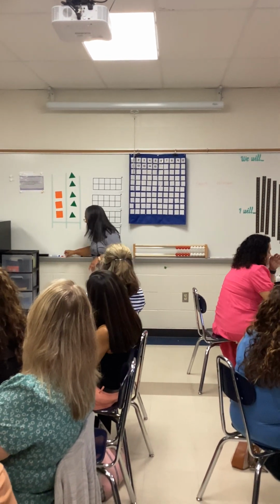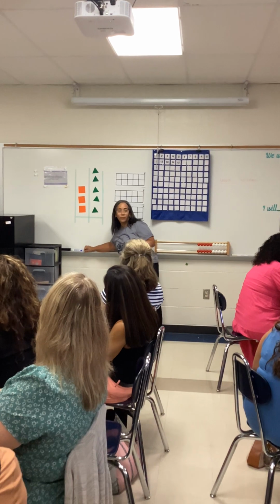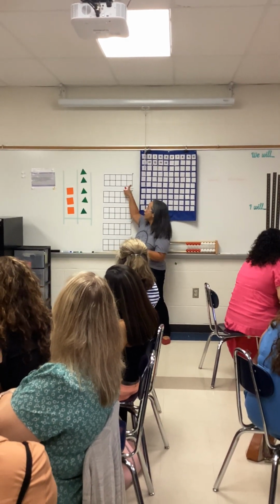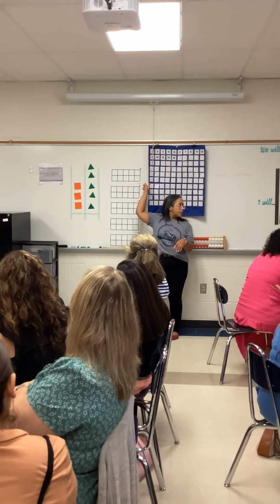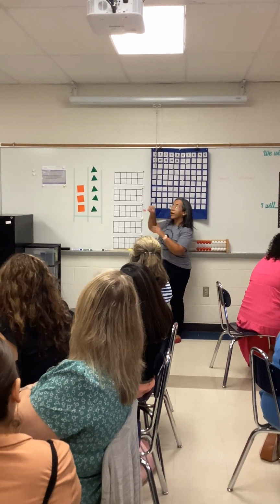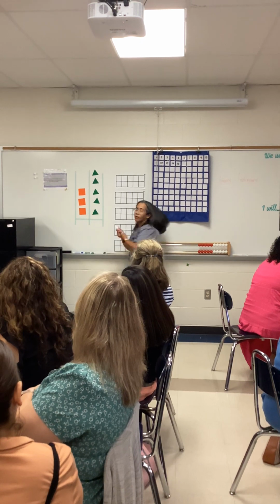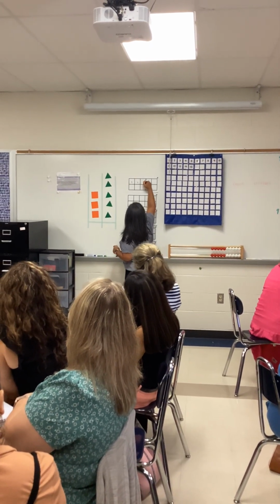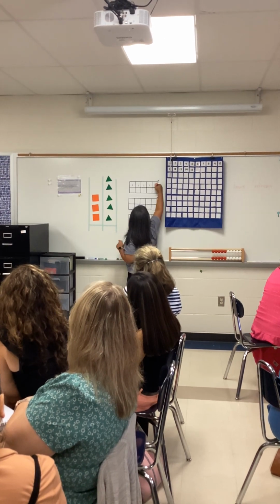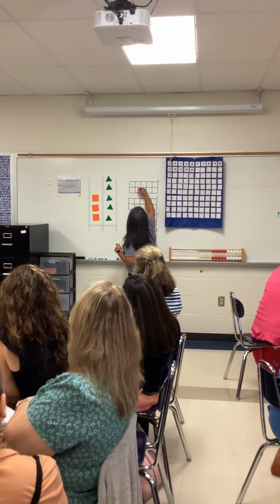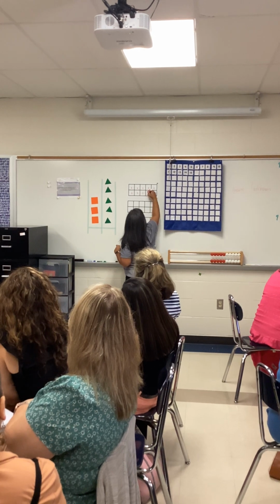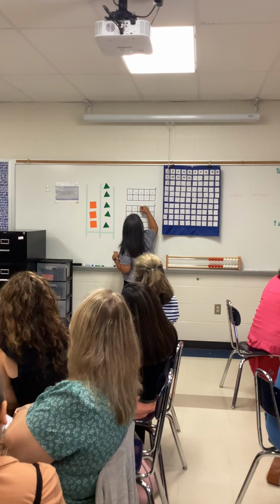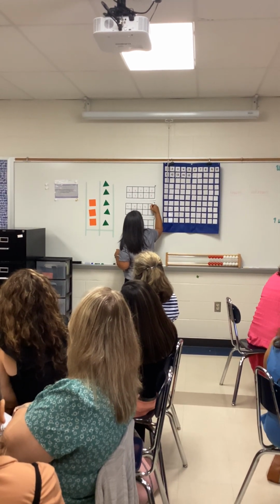Okay. Oh, we needed to represent our days in school in our 10 frames. Can we count together our days in school? Where do I start counting on my 10 frames? Do I start down here? No. Where do I start? At the top? All the way to the left. Okay, so friends, count with me. 1, 2, 3, 4, 5, 6, 7, 8, 9, 10, 11, 12, 13, 14, 15.